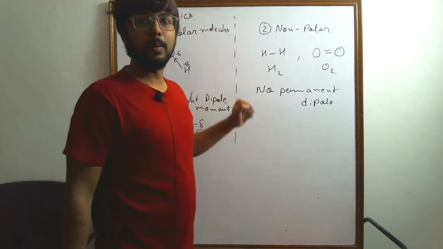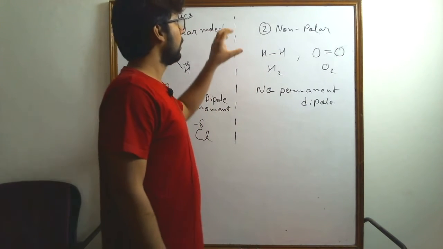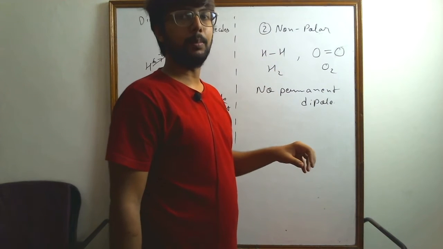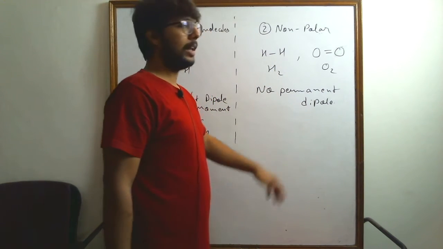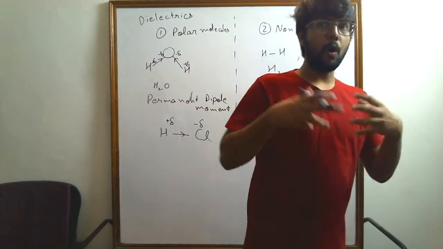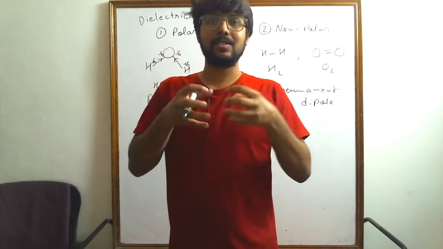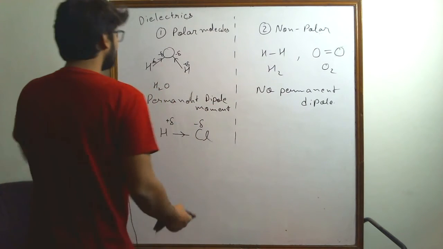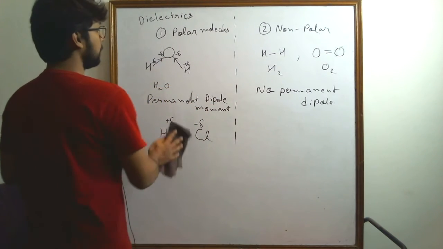But if there's no permanent dipole, then why are we talking about it? We're talking about it because even though there is no permanent dipole, in an external electric field these molecules can also get stretched. We'll come to that. So these are the two types of dielectrics that we'll be discussing.